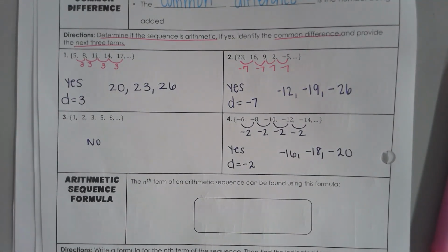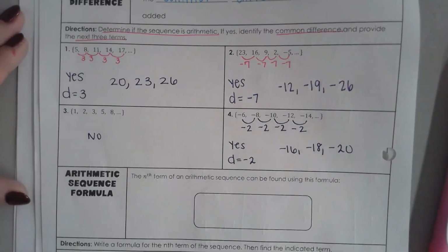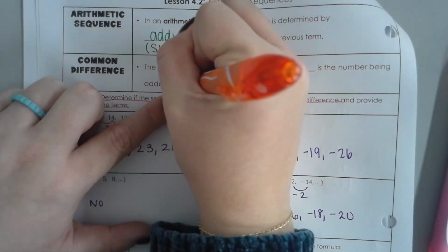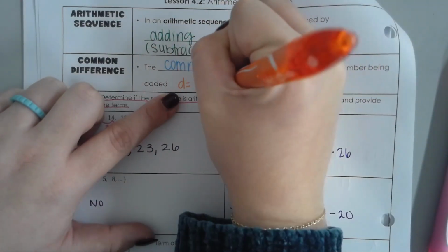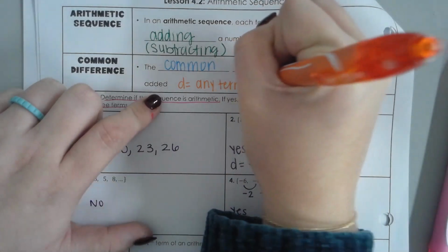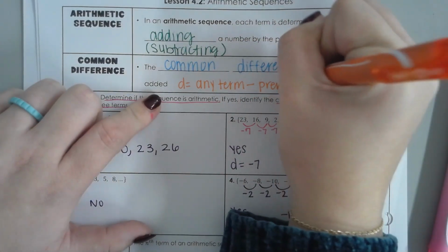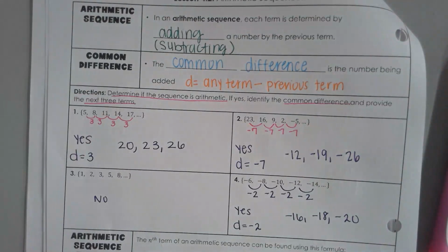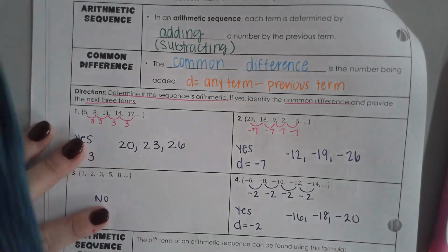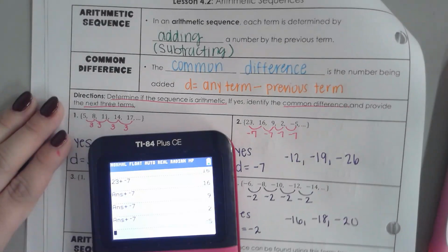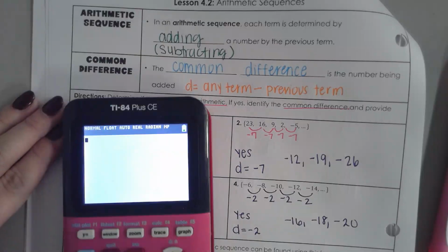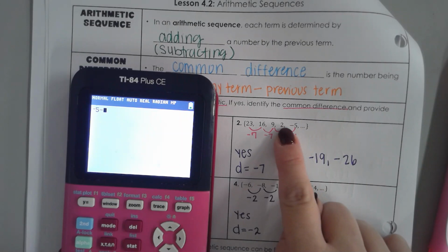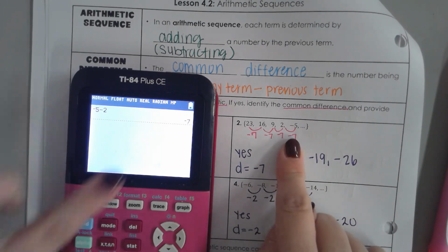One way, if you can't look at the numbers and tell what the common difference is, let's go back up here. You can take any term minus the previous term. Any term minus the one before it would give you your common difference. So for example, if I look at number 2, -5 minus the one before it, I get -7.